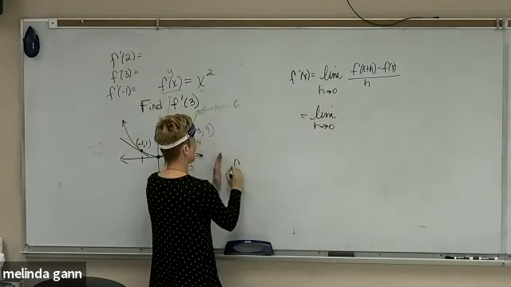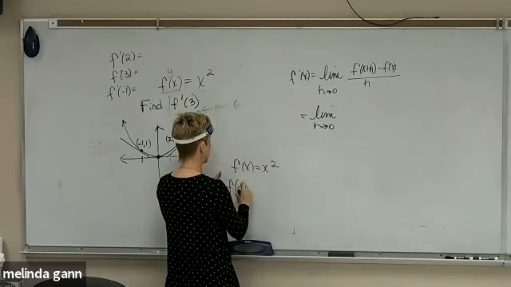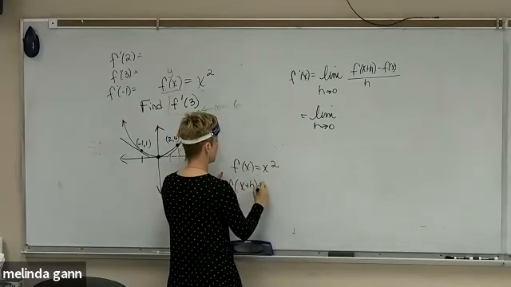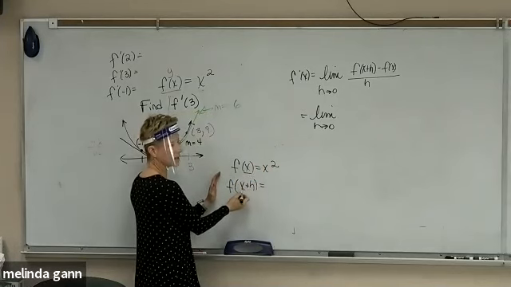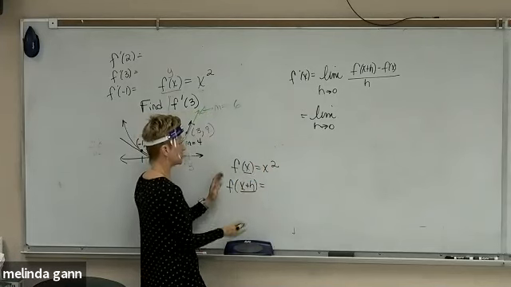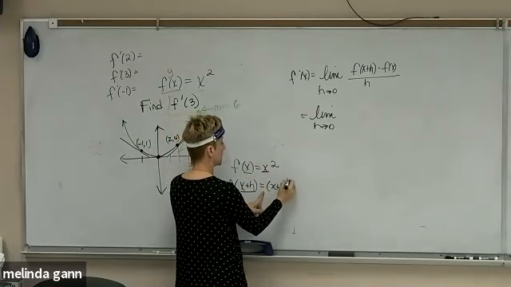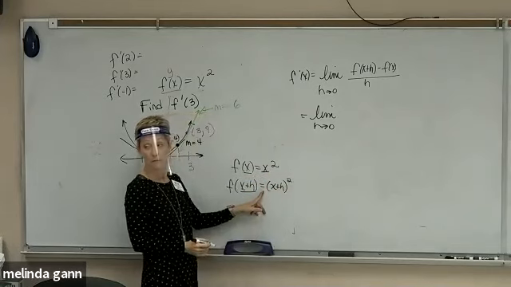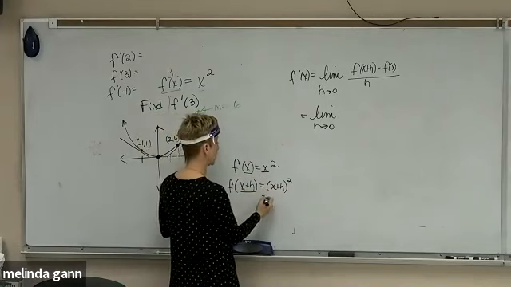If f of x is x squared, remind me, what does f of x plus h mean for me to do? What's this x going to get replaced with? X plus h. So expand that for me. What happens when you square x plus h? What are you going to get?